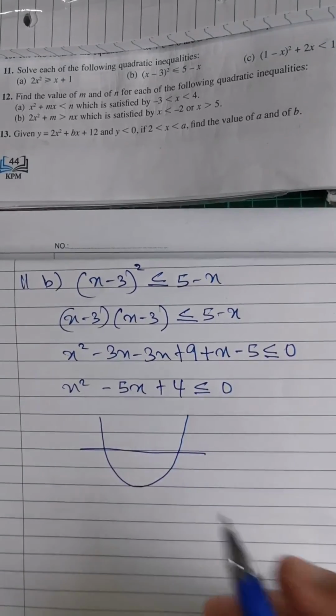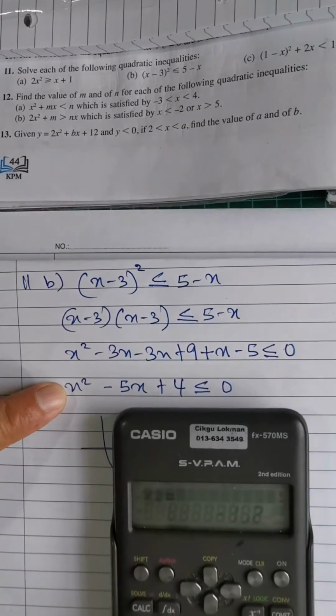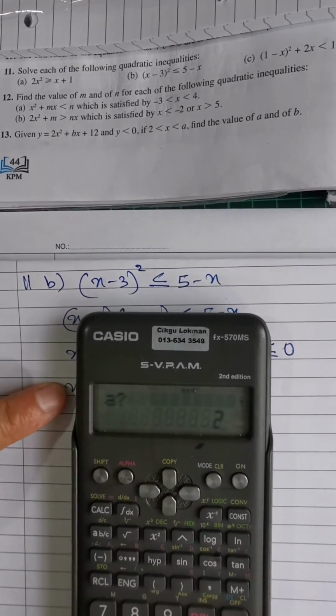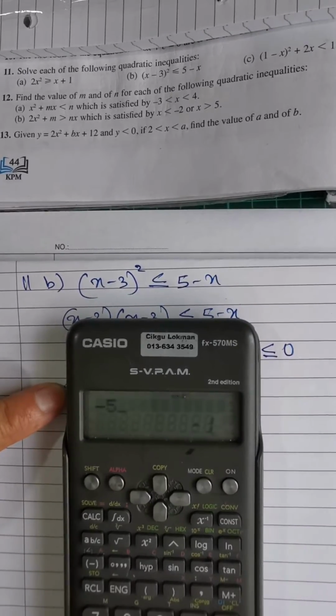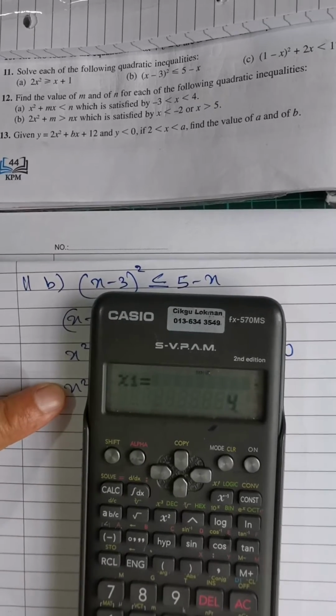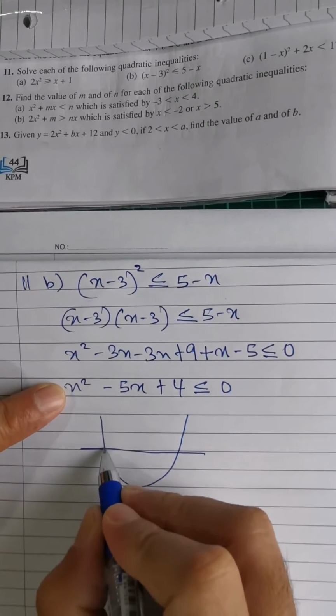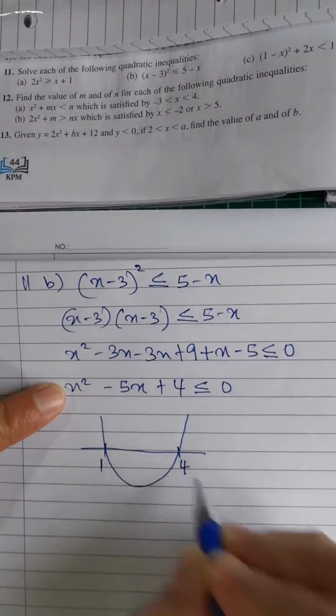Okay, we have to find the roots of the equation. So a will be 1, b is -5, and c is 4. So the roots are 4 and 1. So the smaller value will be here, 1, the other value will be here.